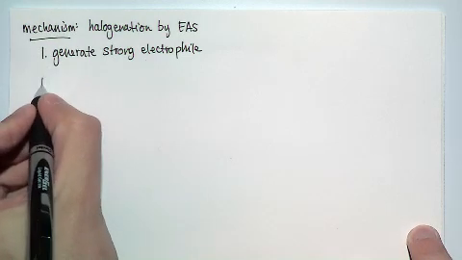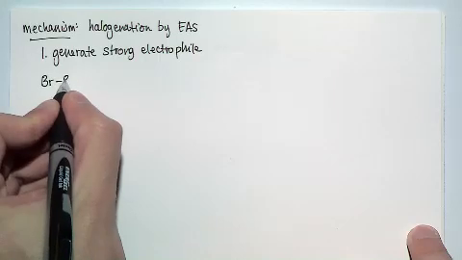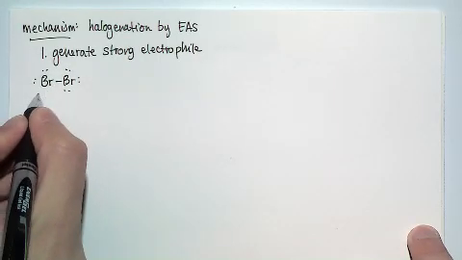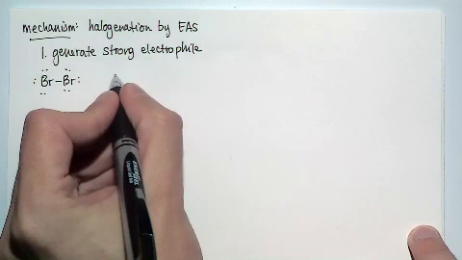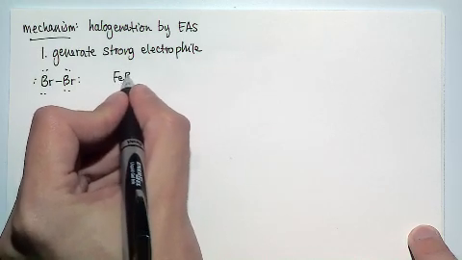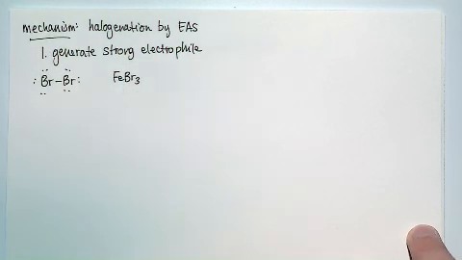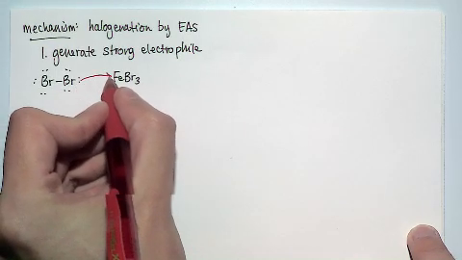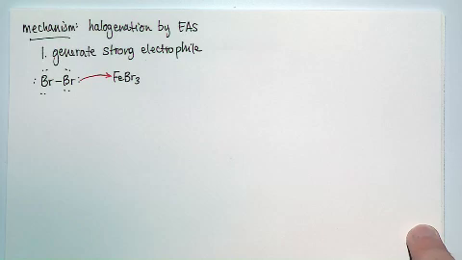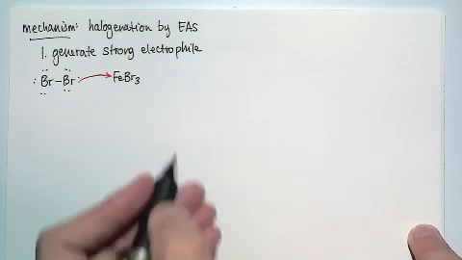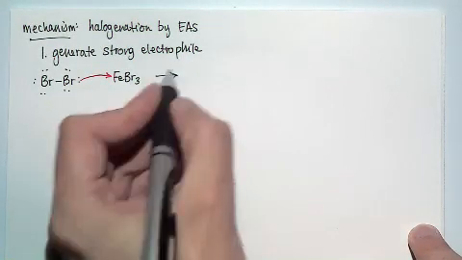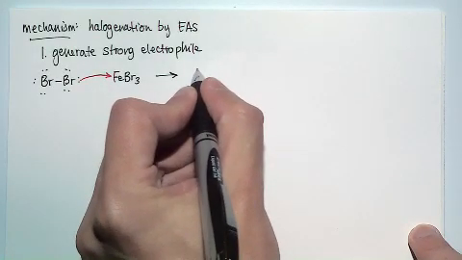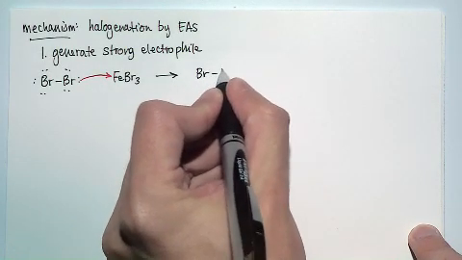So we take our elemental bromine, Br2, and we have the iron bromide catalyst, and we simply have one of the bromines attack the iron, and then we're going to form that bizarre complex, but I'm going to draw it out slightly abbreviated.